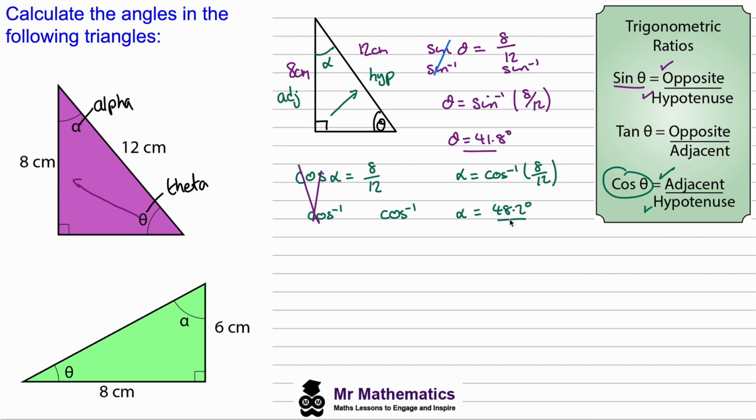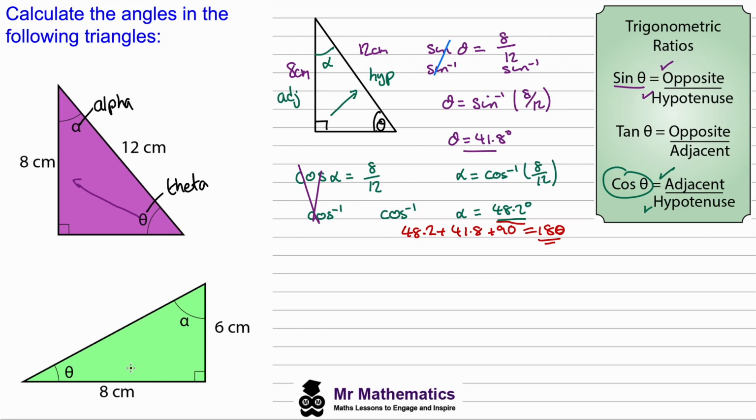And we can check this works, because if we add up the three angles, we've got the 48.2 plus the 41.8 plus this 90 degrees, and we know that angles in a triangle add up to 180, which they do. Okay?